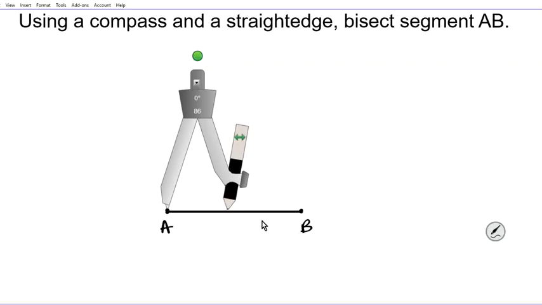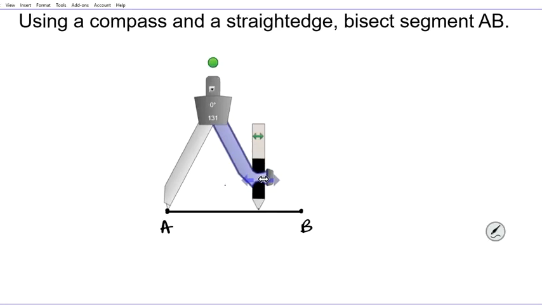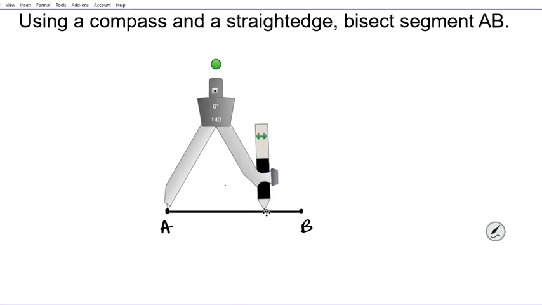We don't know exactly where the midpoint is, but you can estimate that it's somewhere here. So just extend your compass to a length that's smaller than the length of the segment, but bigger than the midpoint. If the radius of your arc is smaller than the midpoint, then your two arcs will not intersect, and it will be impossible to create your bisector.